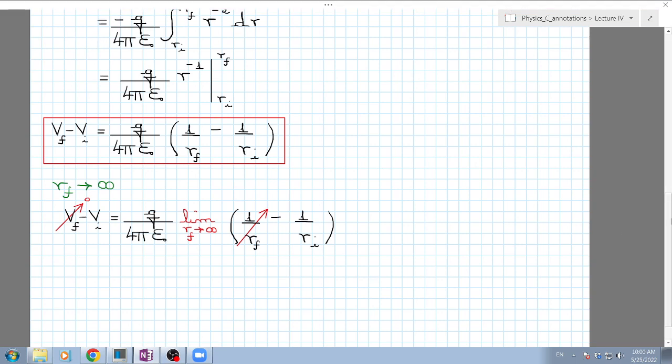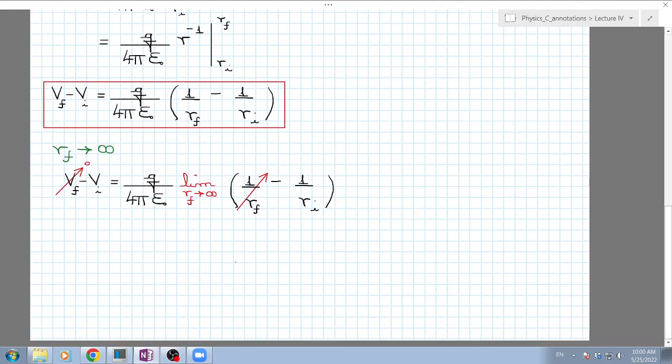You can easily see that now you have one expression for points that are close to this positive charge. There is going to be 1 over 4 pi epsilon 0 times the charge over this distance.